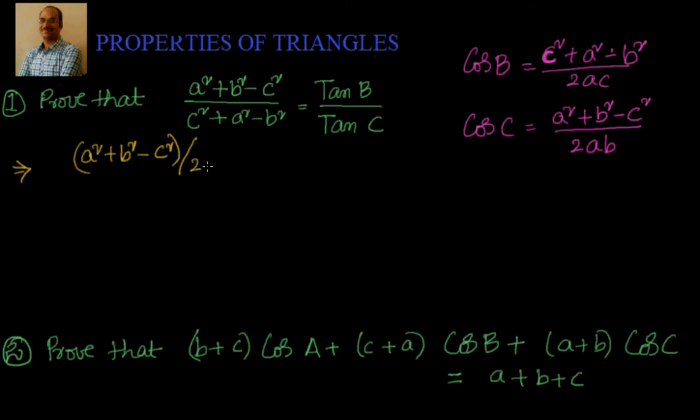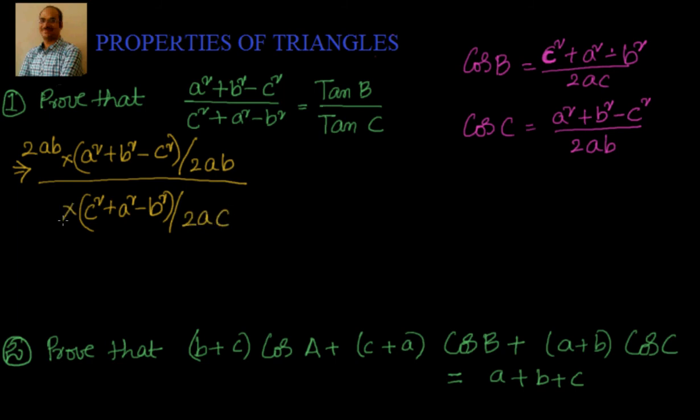That means I should multiply with 2ab. Similarly, I will have here c² + a² − b² by 2ac, and I will multiply with 2ac.